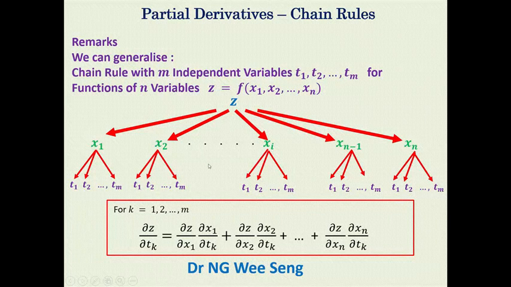And we can find the derivative of z versus t for any one of the m variables, t1 to tm. So for any k from 1 to m, ∂z/∂tk is given by this expression, and this can be found by taking the paths connecting z and tk. So this is the most general form of the chain rule.